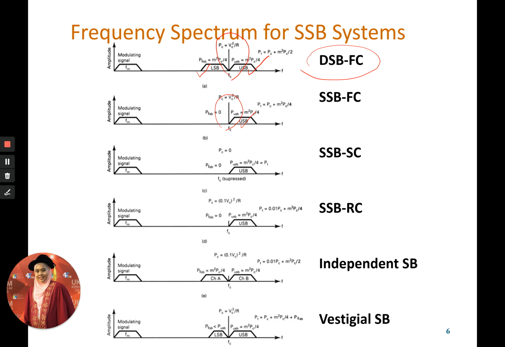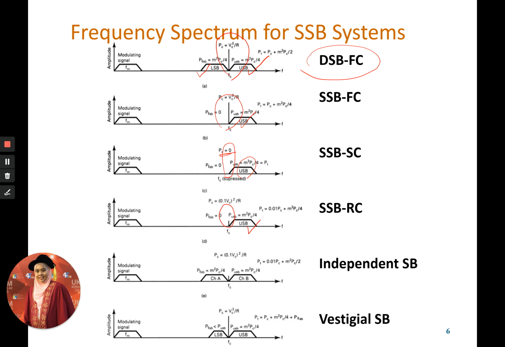And for the SSB suppressed carrier, it also has one sideband, but without any energy of the carrier signal, so the carrier power here is 0. The next one is SSB reduced carrier. It also has one sideband and very low energy on the carrier signal.